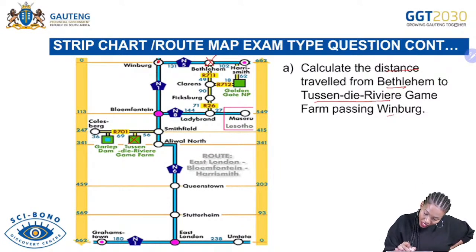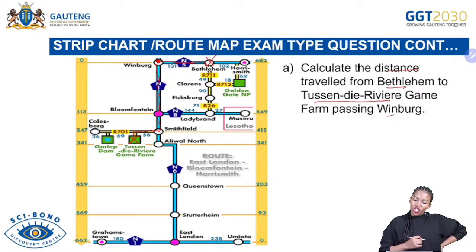So if you are traveling here from Bethlehem, past Wynberg, you are going to Tessenderrivier. This is your destination. Guys, I want you to try this one. Calculate the distance. I'm giving you only 1 minute to do this one, and then we'll discuss it together. 1 minute. Then I'll be back.